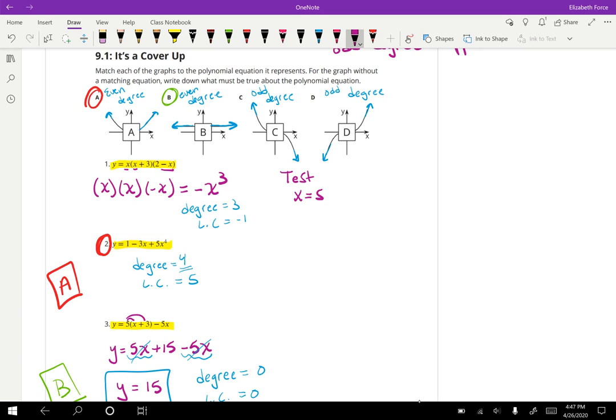If I put 5 into this polynomial, so it's going to be y equals 5 times 5 plus 3 times 2 minus 5. Let's see what kind of output we get. 5, 6, 7, 8, negative 3. And you know what? I don't even care really what that is. 5 times 3 is 15. I don't even really care because the whole point is that my output's going to be negative.